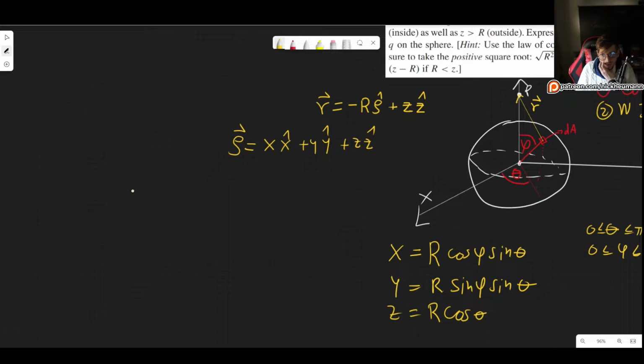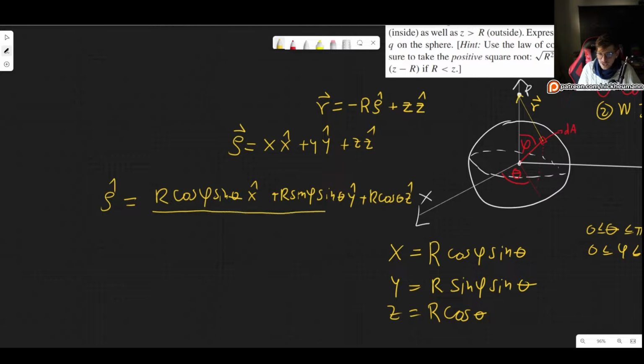So this unit vector rho will be x in the x hat direction, but x is r cosine of phi sine of theta, plus y, which is r sine of phi sine of theta in the y hat direction, and z is r cosine of theta in the z hat direction.